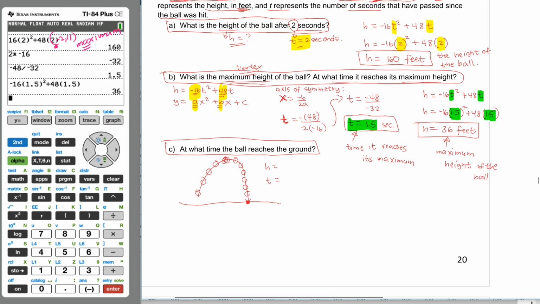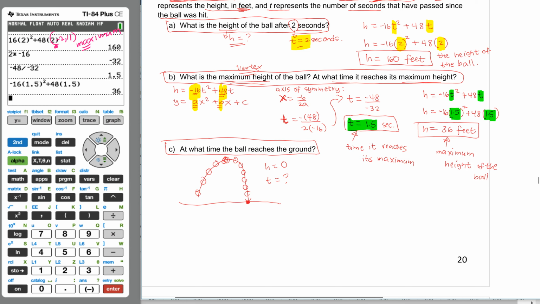The moment it reaches the ground, the height there would be equal to 0. It hits the ground at a certain time. So in this case, you are simply asked to find the time when h is equal to 0. That means it reaches the ground.